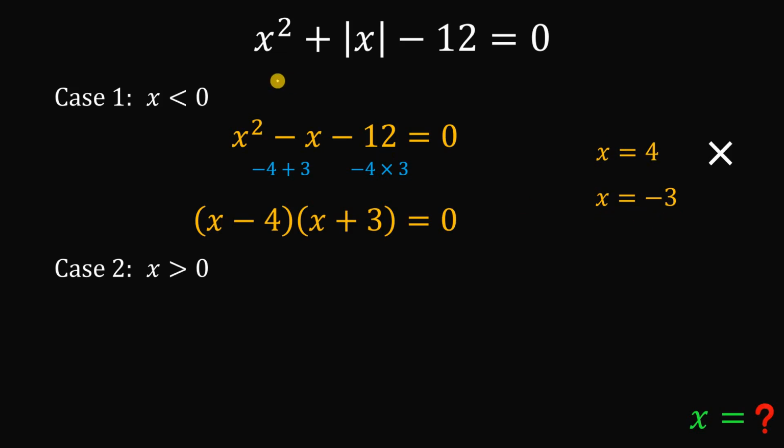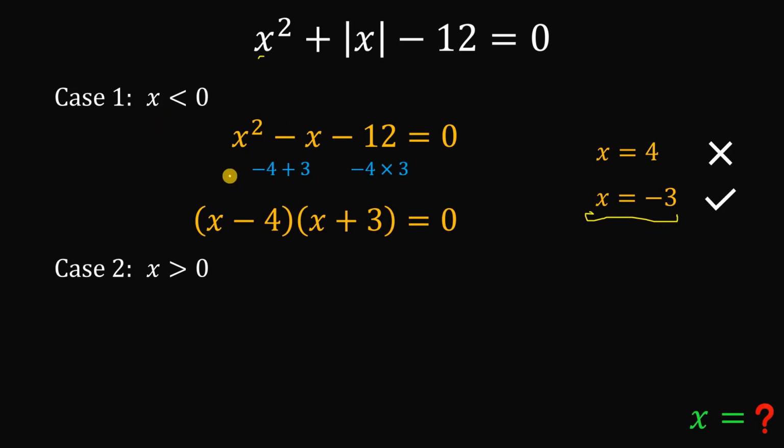Now, how about x equals negative 3? Negative 3 squared is 9, plus the absolute value of negative 3 is positive 3. 9 plus 3 is 12, minus 12 is 0. Therefore, x equals negative 3 is part of our solution. So we found one of the possible values of x.